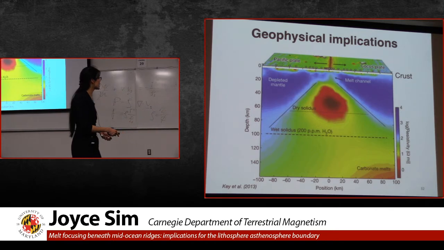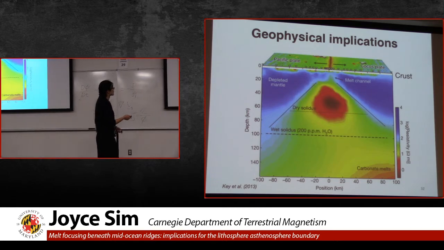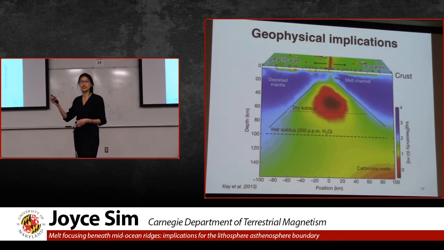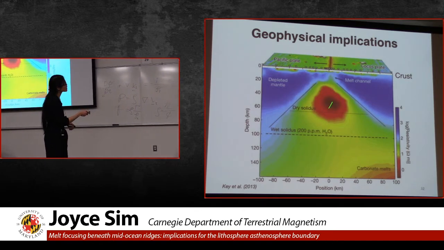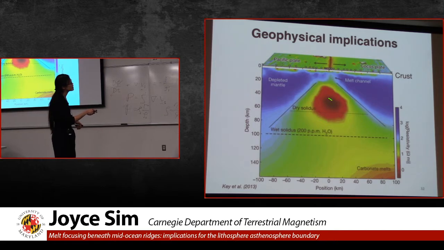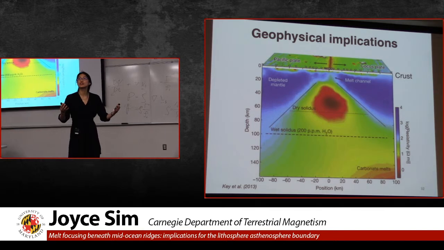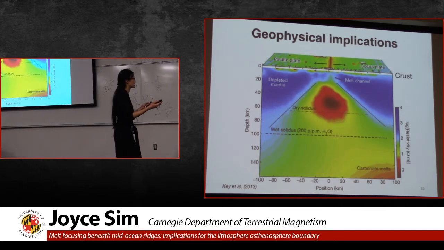and melt. And in this case, this is a really nice figure by Key. That's a magnetotelluric study at the EPR that I was showing right at the very beginning. That's showing a conductor right in the center, and they interpret that as melt, quite a lot of melt actually. How much melt there is, I don't know.